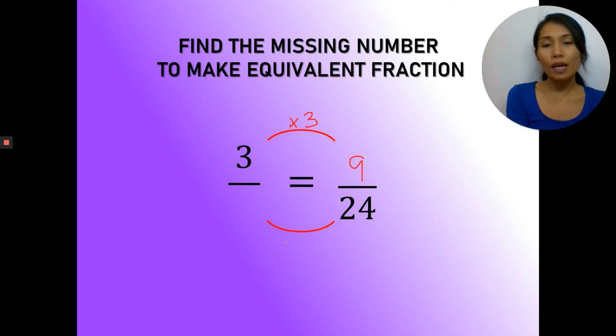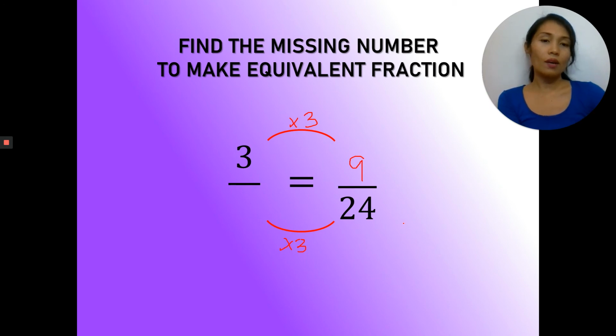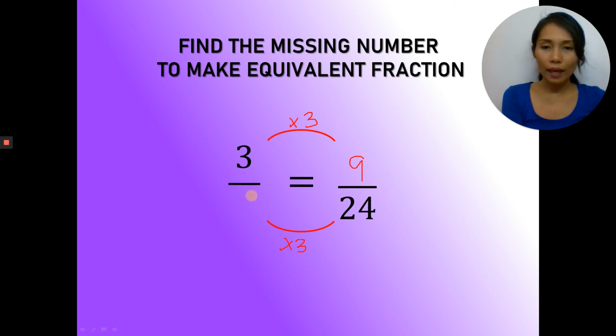And if we multiply here 3, what are you going to divide? 24 divided by 3 equals 8. Okay, so that means the missing numbers here, the numerator 9 and the denominator 8.